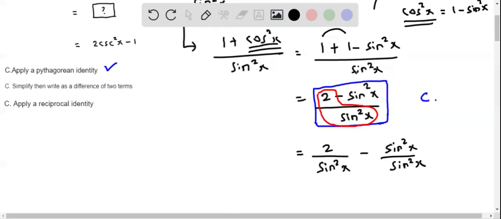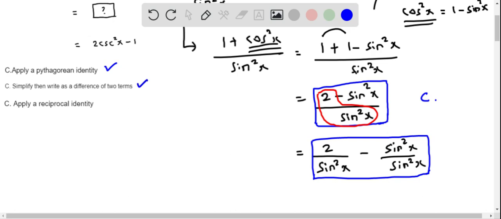We see that this goes into the second box, which means we have simplified and then written it as a difference of two terms. So the answer to this box is also C.